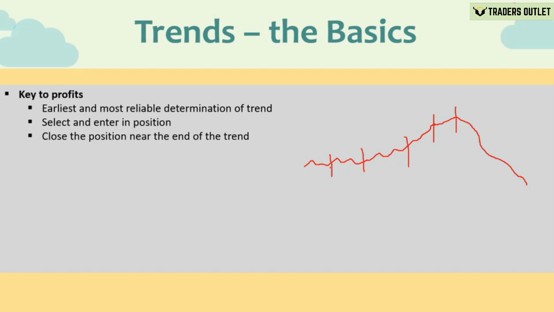If you are entering here, you may not be in profit for a long time, and you would probably get out of the trend, get out of the trade without making any profit, but still experiencing some transaction cost.